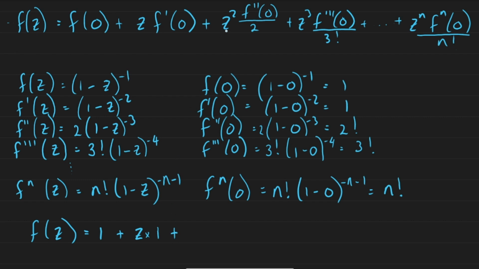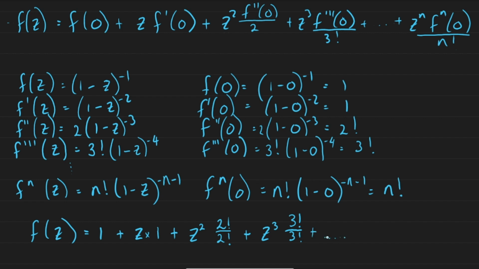For the third term, we have z squared. Then we have the second derivative, which is equal to 2 factorial, and we're dividing by 2 factorial. The next term has z cubed. Then we have the third derivative at z equal to 0, which we can see is 3 factorial, and we divide by 3 factorial.